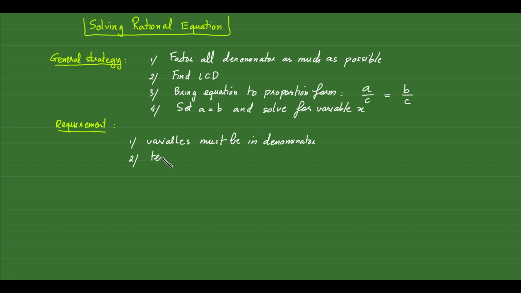There are only two conditions needed for the equation to be called a rational equation. Because after you simplify everything and bring it to proportion, sometimes your final equation is quadratic, sometimes it's linear. But the initial condition for an equation to be a rational equation must be this.